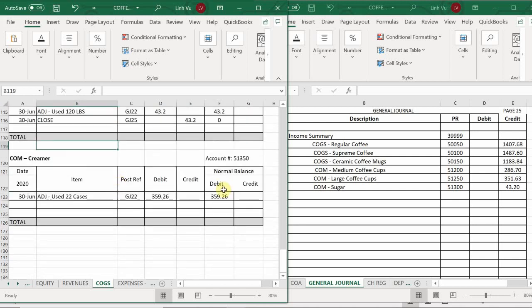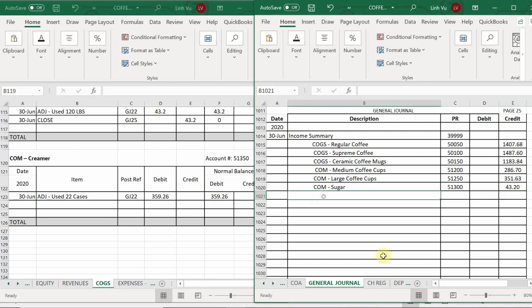The last account we have in this section here is going to be the cost of materials for the creamer, which is account number 51350. How much am I going to credit my cost of materials for the creamer? Is it 359.26? 359.26.